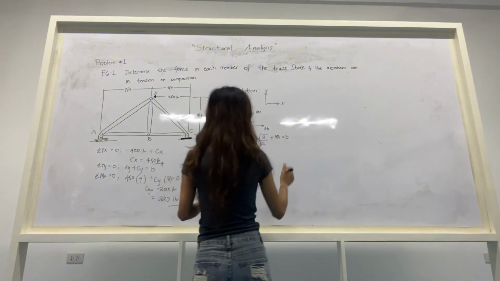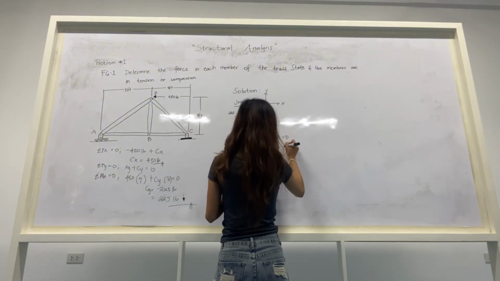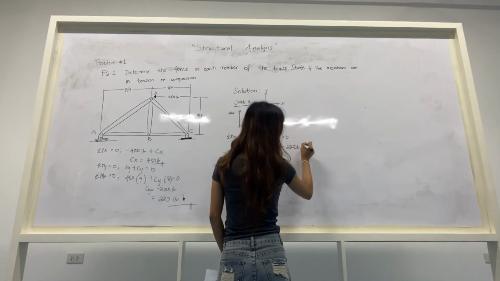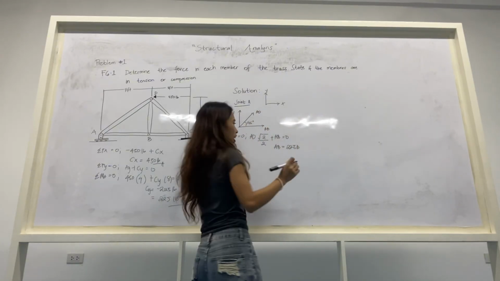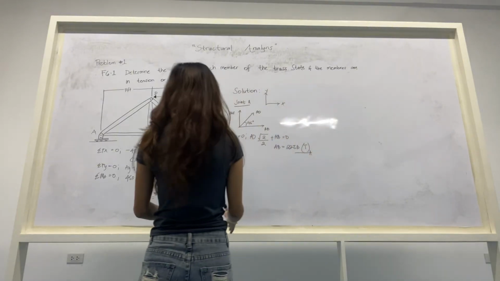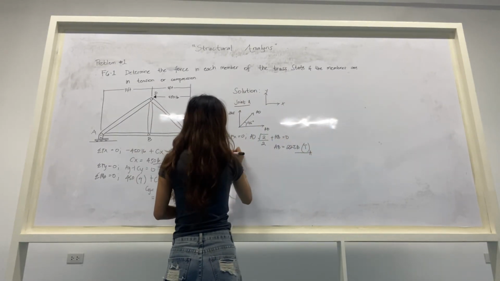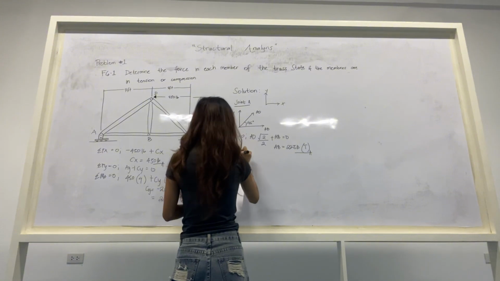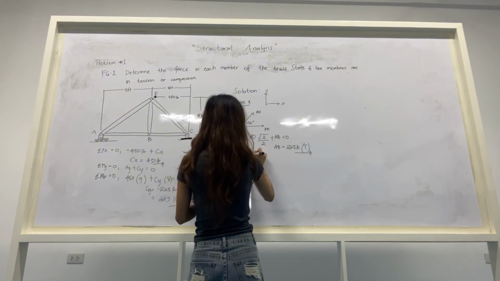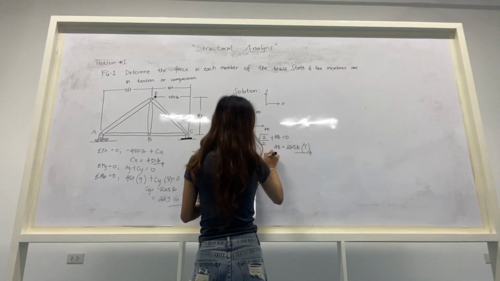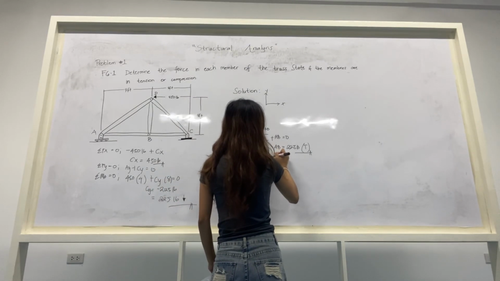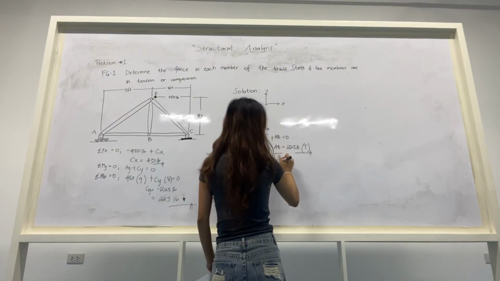Then our AB here is equal to 225 lb, and it's going to be tension. For the summation of Fy, we have 0 is equal to 225 plus AB square root of 2 divided by 2.